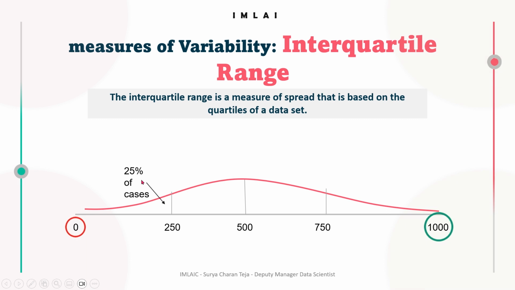It divides the first 1 by 4 of cases, 250 cases, from the rest, 3 by 4 of cases. So this is our first quartile Q1, or 25th percentile.